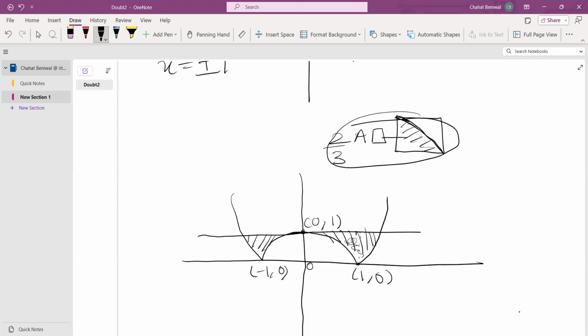So firstly, we'll figure out this rectangle. Okay, focus on this one. I'm going to use another pen. So we are going to focus here. We know the major part is this one, but we need to find this thing.